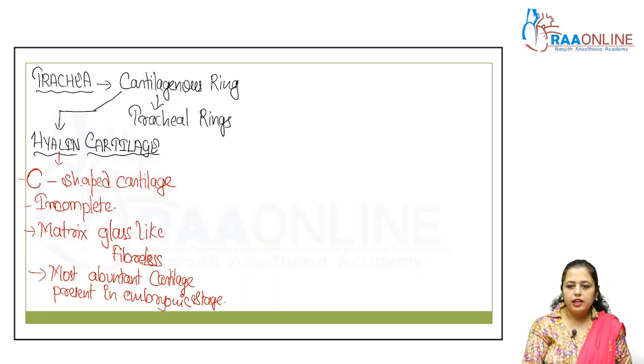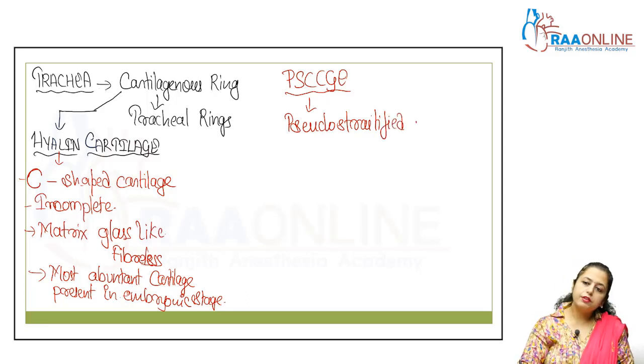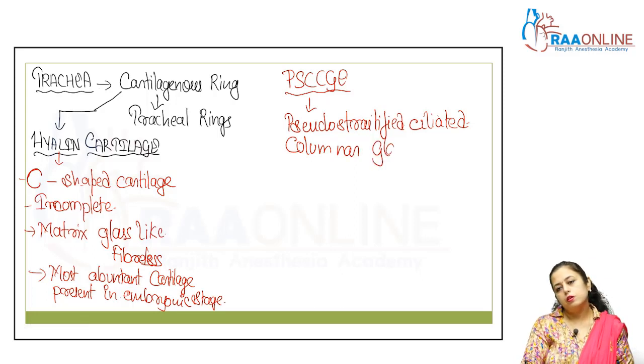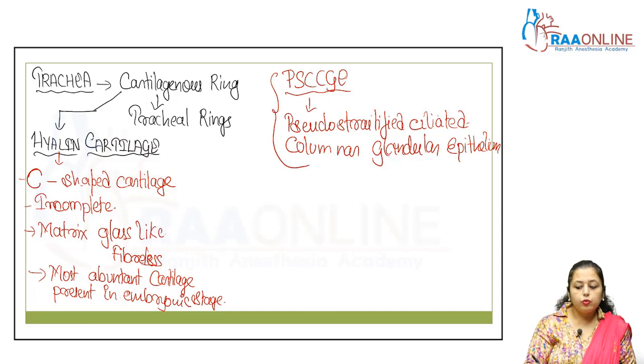The trachea is lined with pseudostratified ciliated columnar glandular epithelium, or PSCCGE. Pseudostratified ciliated columnar glandular epithelium. The trachea is lined with it.